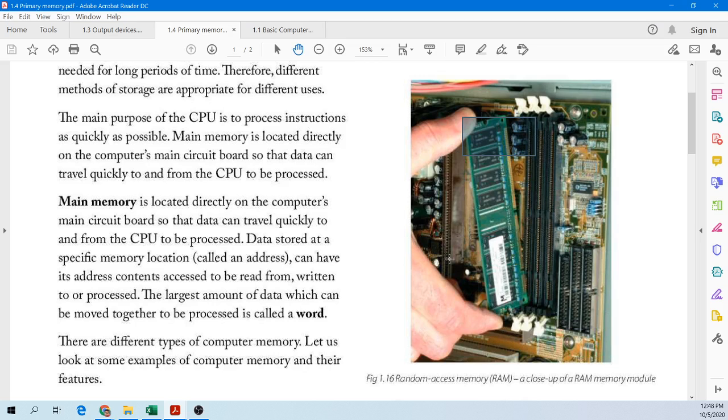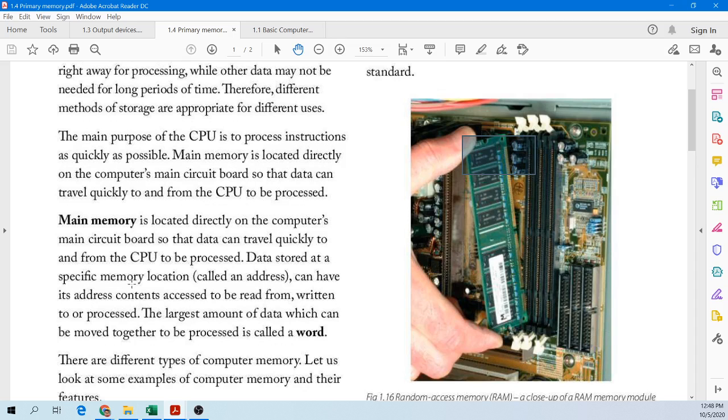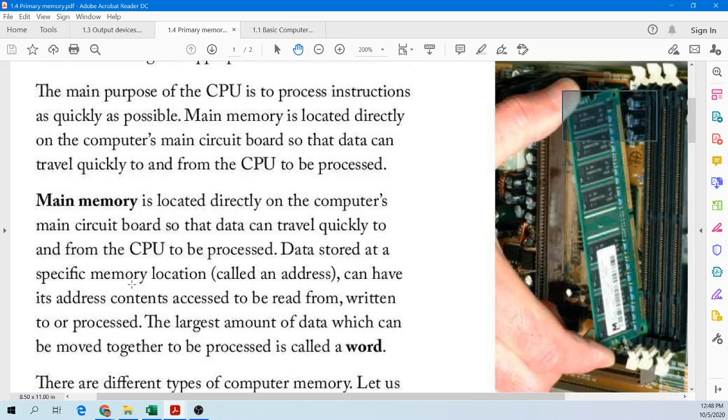If you look back at the diagram you would have drawn for homework, you would see that the CPU and the memory are both on the motherboard. Now, it says here that the main memory is located directly on the computer's main circuit board so that data can travel quickly to and from the CPU to be processed.